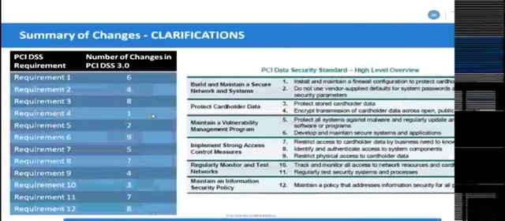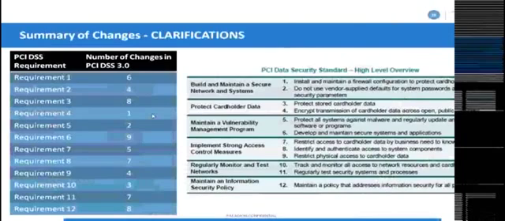Okay. Now trying to look at the summary of the changes. I'm specifically talking about the clarifications, like what I had shown in my previous slide, and the table that you see on the left side basically gives the number of additional clarifications that have been given in each of the requirements. For your reference, on the right side, I have also listed what the requirements are.